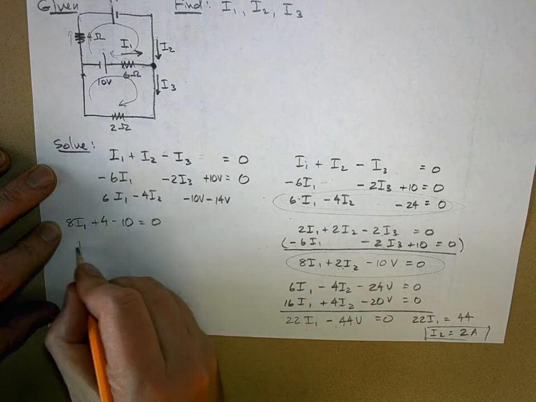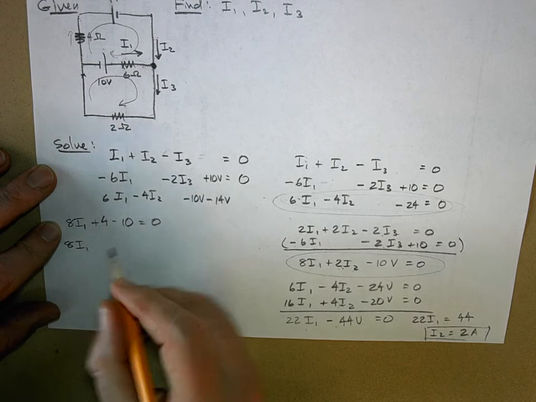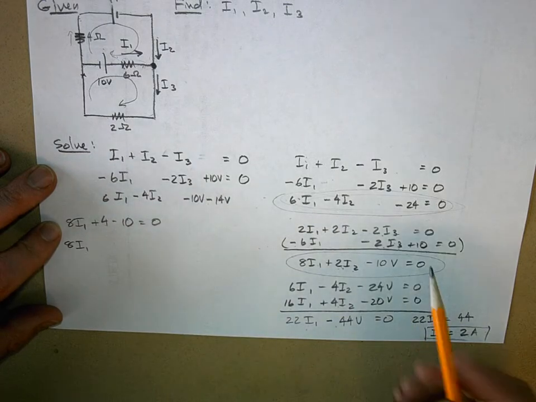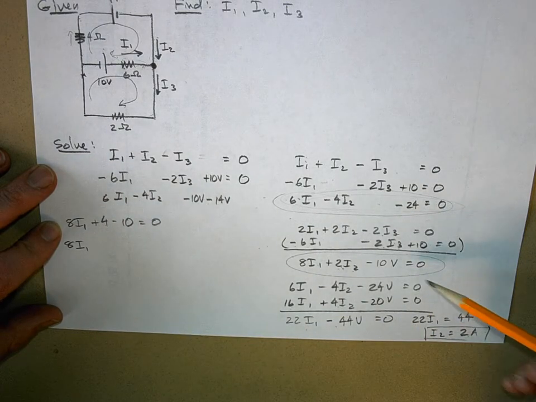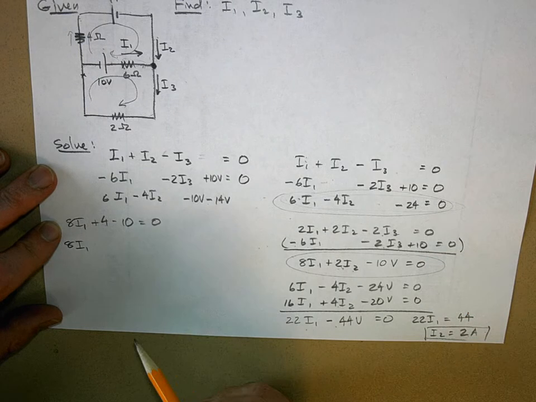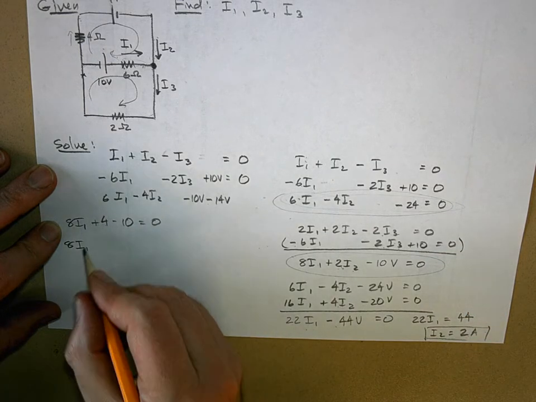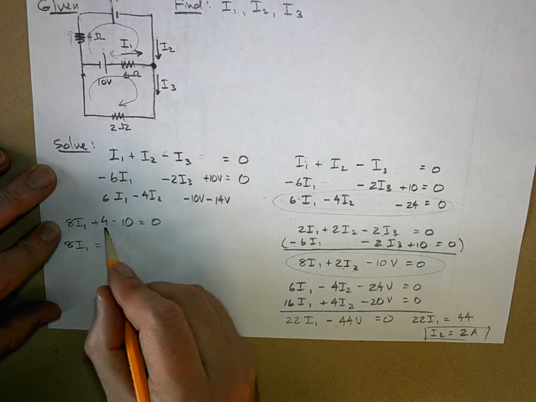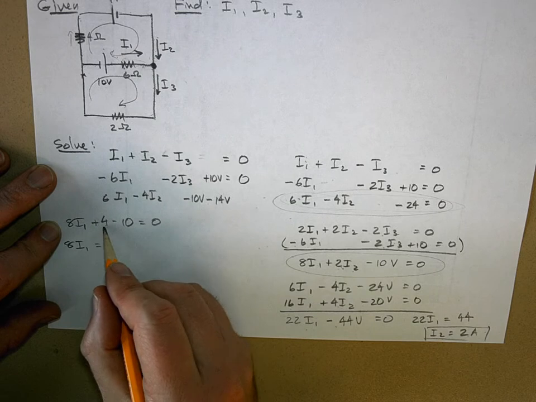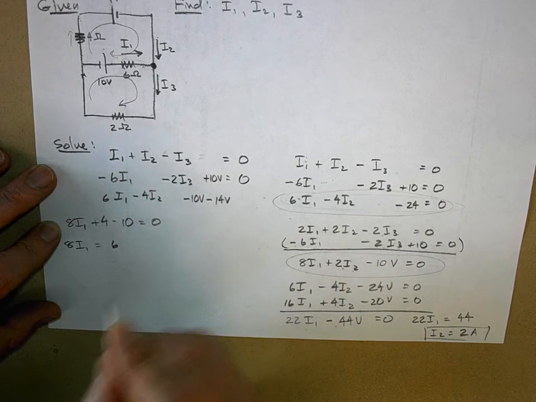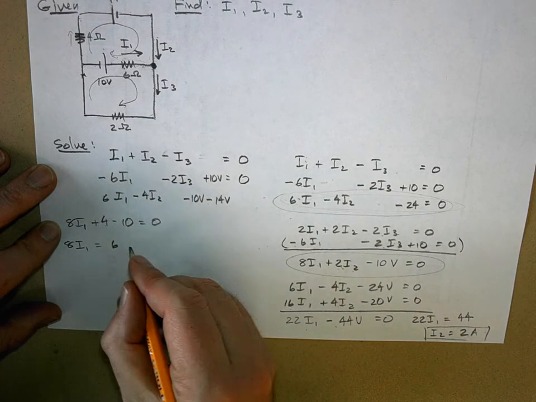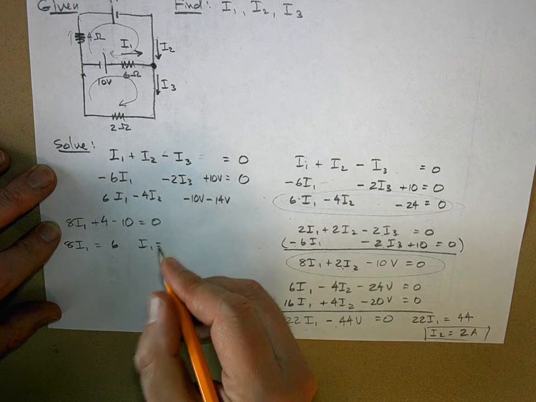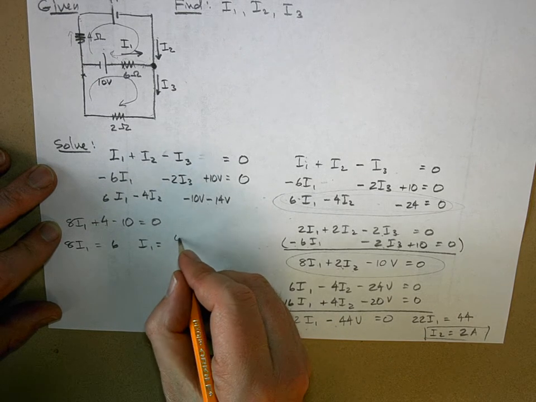So 8I1. Am I doing this right? I think so. And so 4 minus 10 is negative 6. Add it to the other side is 6. So I1 is going to be equal to 6 divided by 8.